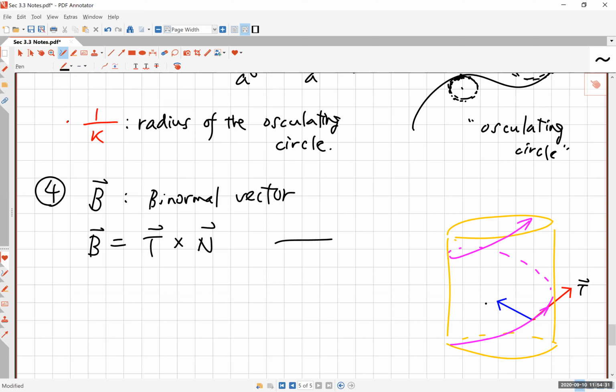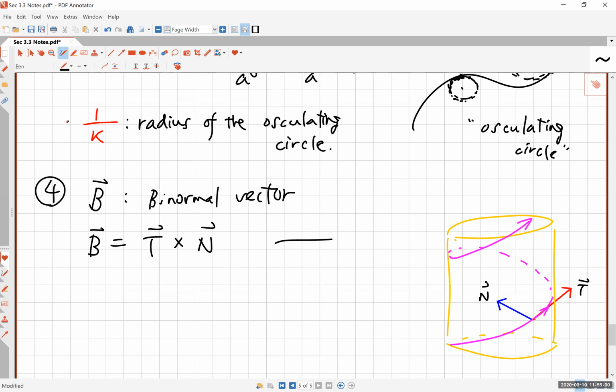Let's assume that this purple path is some animal or bug crawling. It's a helix. As you follow the helix path, the unit tangent vector shows you which direction you're going, and the principal unit normal vector shows you which direction is inside of that curve.